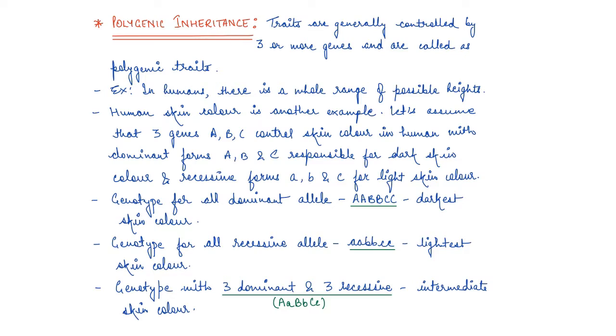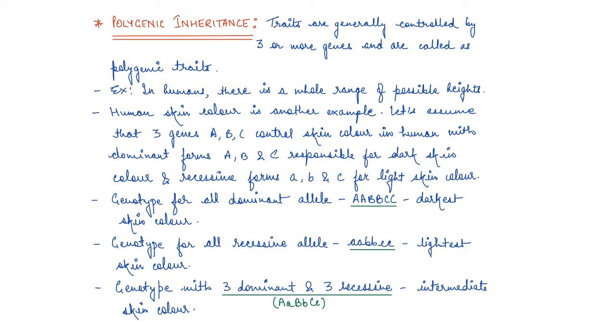So what exactly is polygenic inheritance? Here we are going to talk about polygenic traits. That means that the traits are controlled by three or more genes, right? Now, besides the involvement of multiple genes, polygenic traits also take into account the influence of environment. So here also the environment is important as it influences the genes.